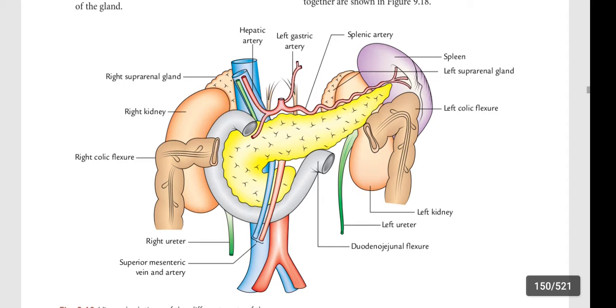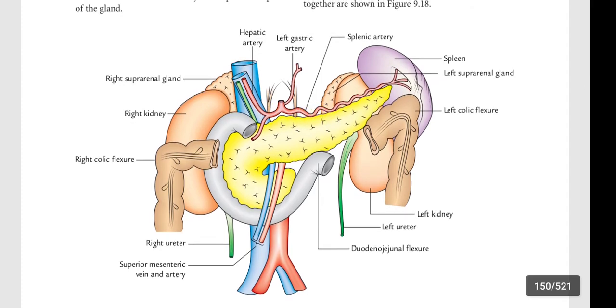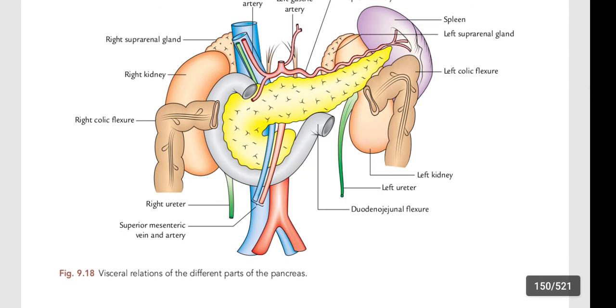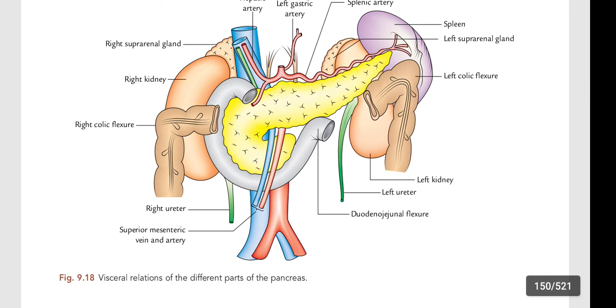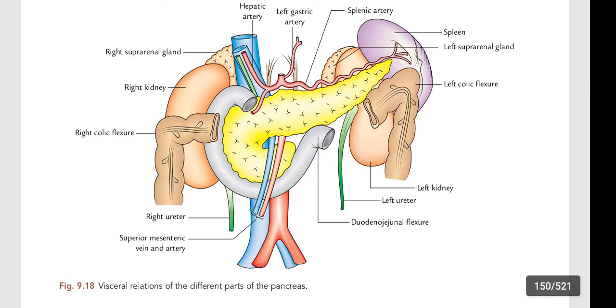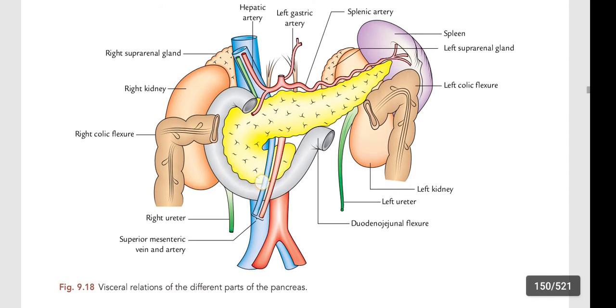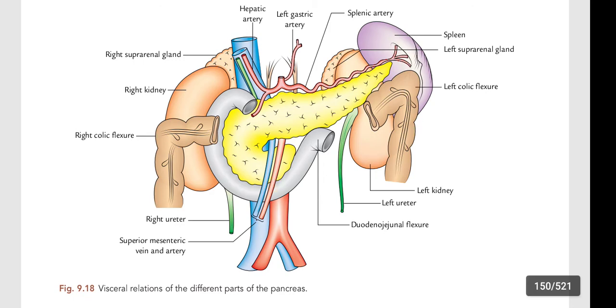The hepatic artery goes towards the right side and the splenic artery towards the left side, for the spleen. And these are the superior mesenteric vein and artery vessels. They are related to the uncinate process and body of the pancreas.